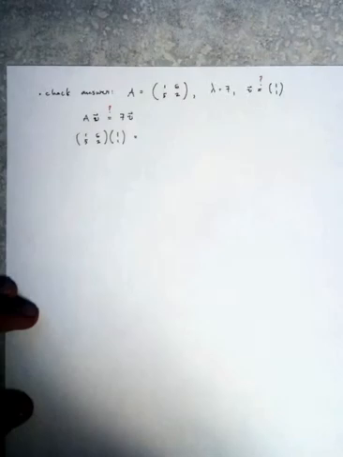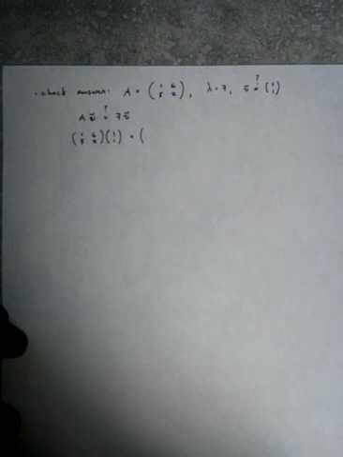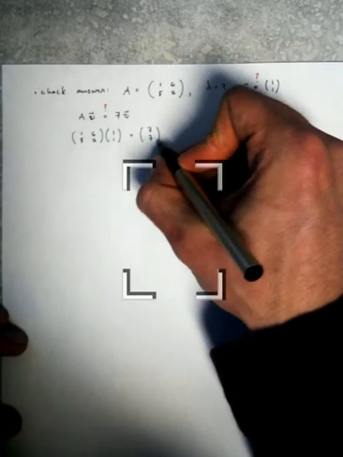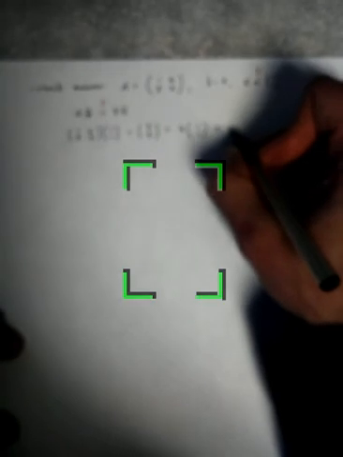If you do the row-column rule, what do you get? [7, 7]. You pull out your 7, you get 7 times [1, 1], which is, sure enough, 7 times v. So it worked. So v is my eigenvector.